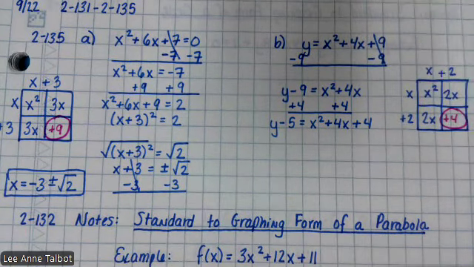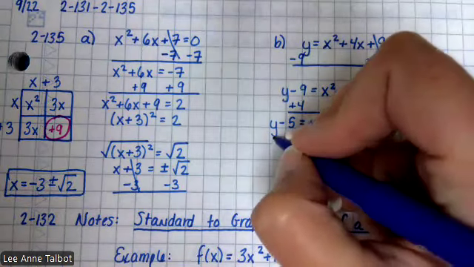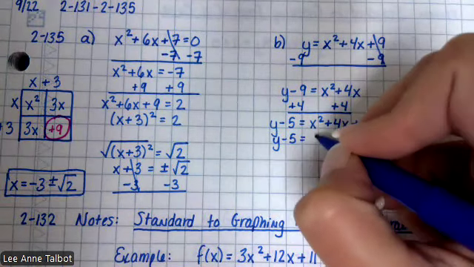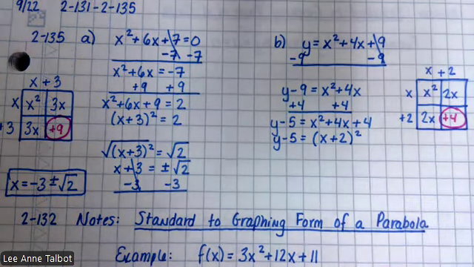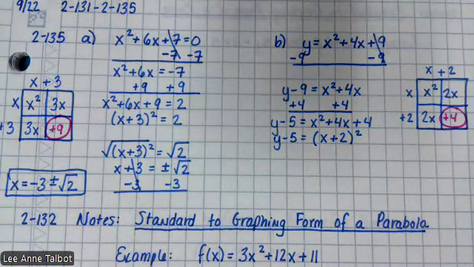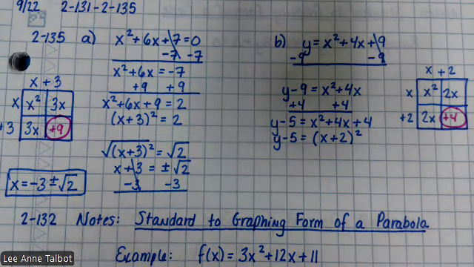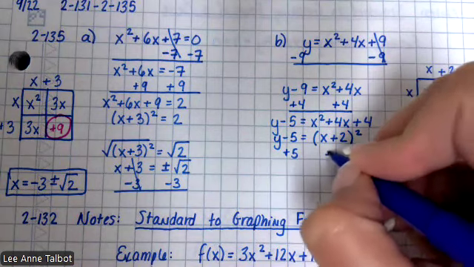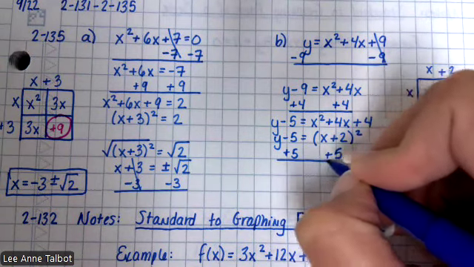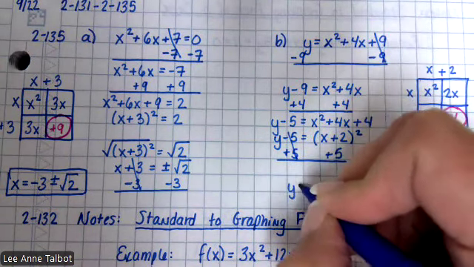Okay, after the box, what do we do? Factor. Nope. Add the 5. The goal of this is different.